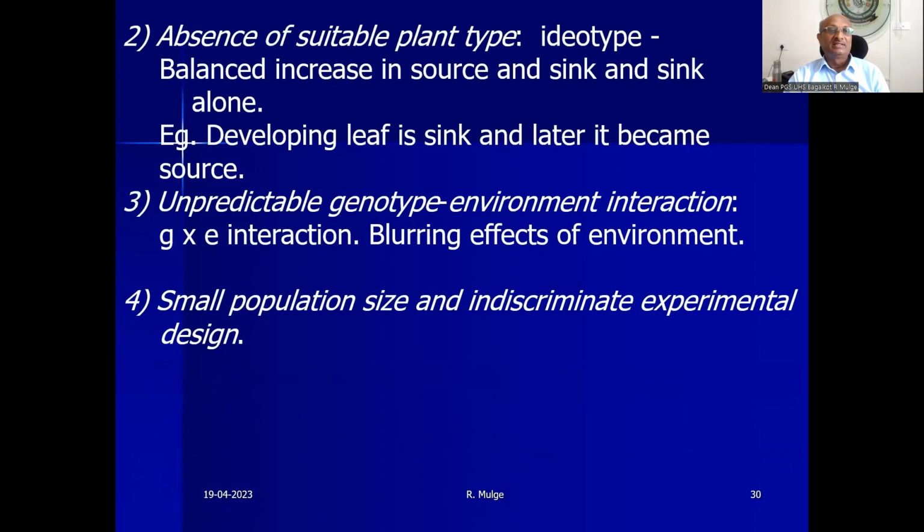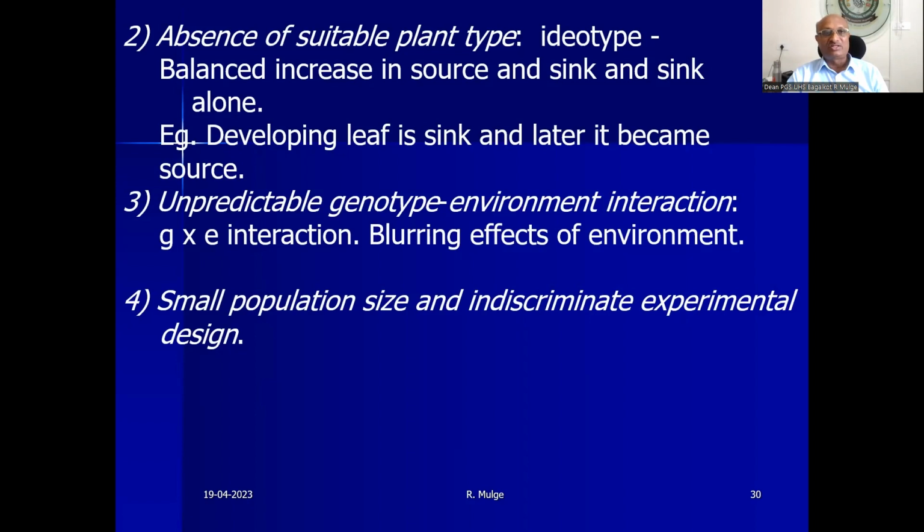Cannot predict it. And then the next drawback is the small population size and indiscriminate experimental designs. Many times plant breeders are helpless, that they don't have the sufficient source. Very small area, because you need a lot of labor, other sources, land also maybe a limited thing, because you have got so many breeding programs, so many crops are there.